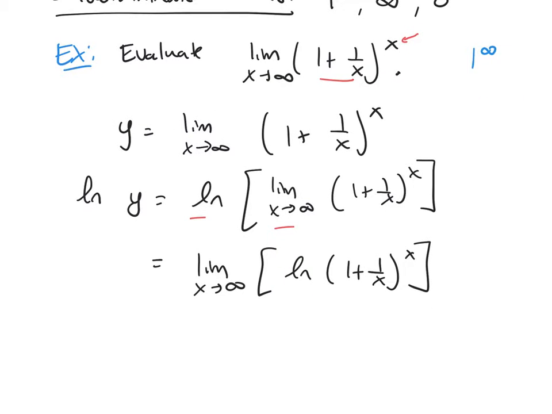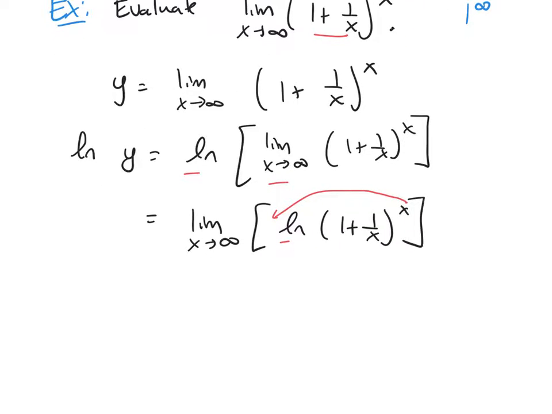And now, because of properties of logs, I can pull this exponent down in front. So this will give me the limit as x goes to infinity of x times ln(1 plus 1 over x).